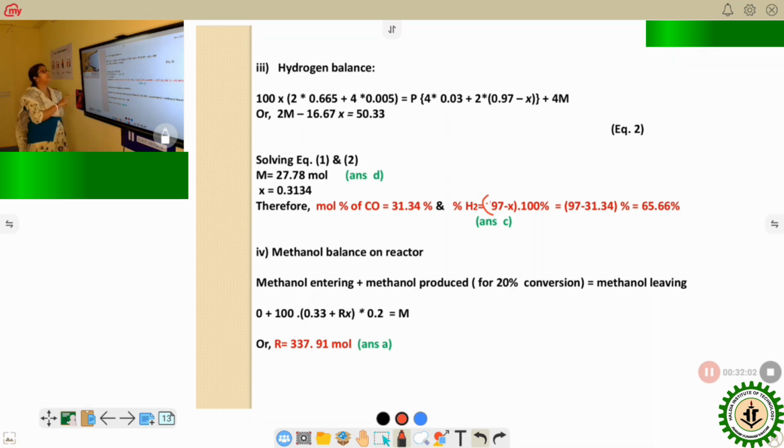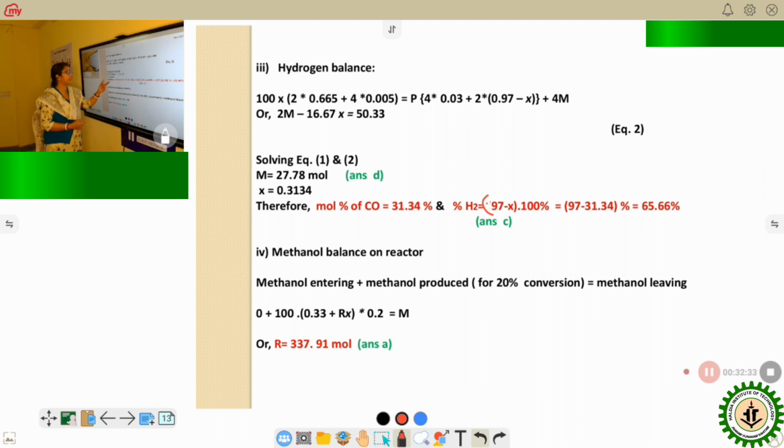And finally, what equation is formed? After putting this value of P, we are getting 2M minus 60.67X equals 50.33, where M and X are still unknown. Thus, equation 2 is developed, and solving these two equations 1 and 2, we are getting the two unknown parameters M and X. So, from carbon balance, we are getting equation 1, and from hydrogen balance, we are getting equation 2.